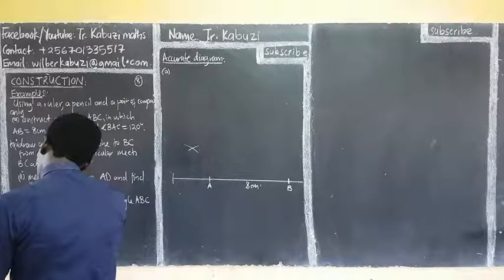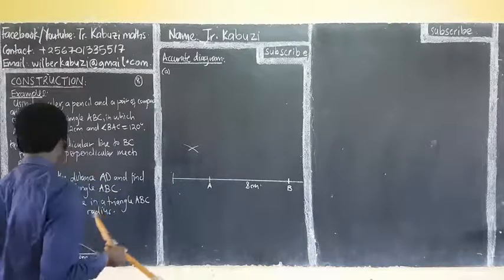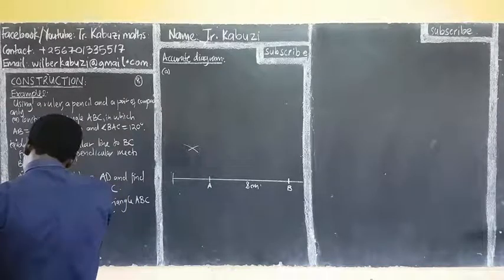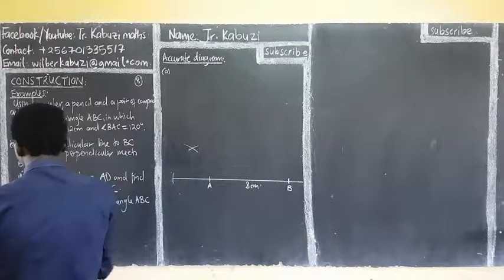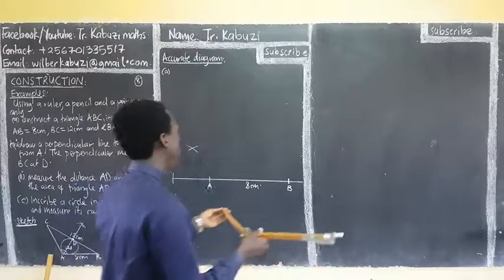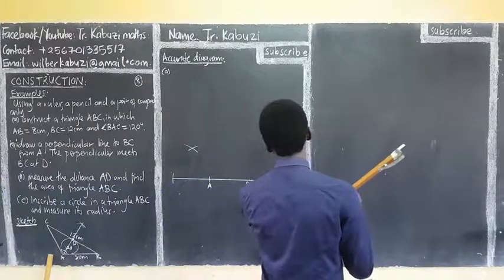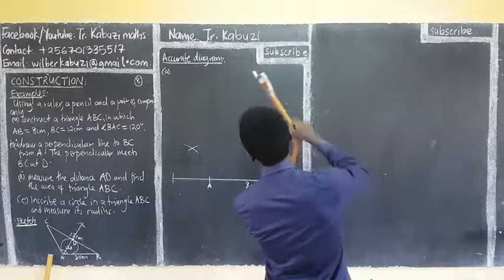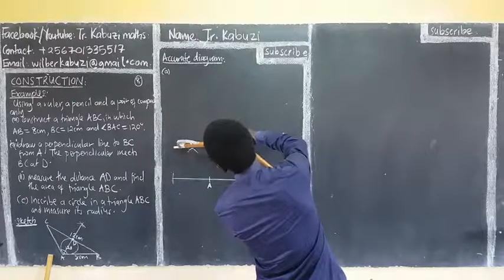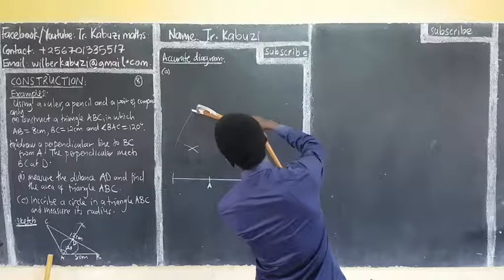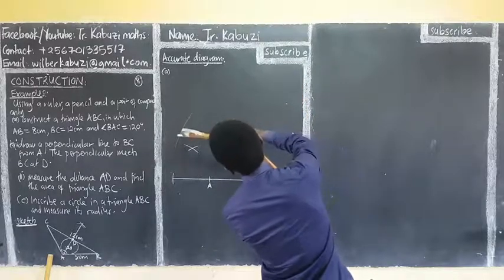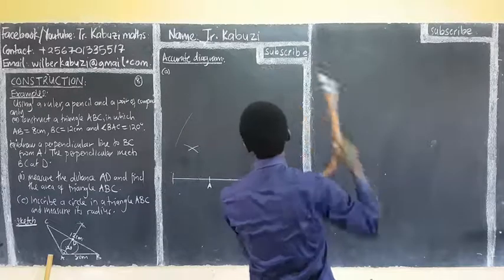You also measure 12 on yours. The bad thing is, if I knock it, it changes, so I'm careful. Then you put the pointer at this point and draw an arc in this direction. This is where your 12 centimeters are going to be, where that arc is passing.